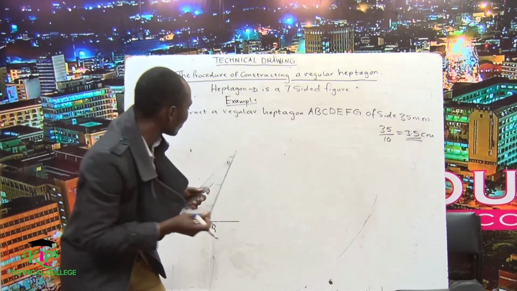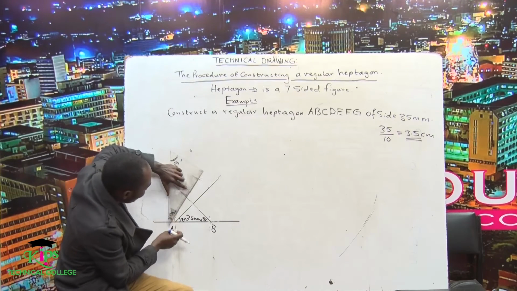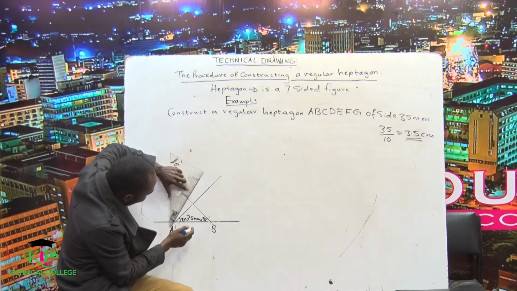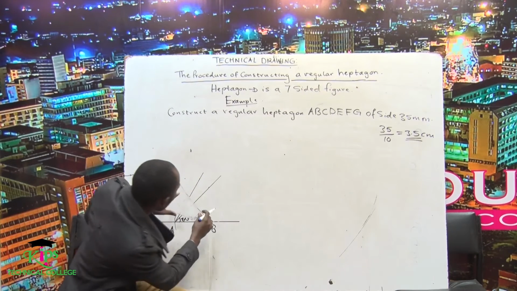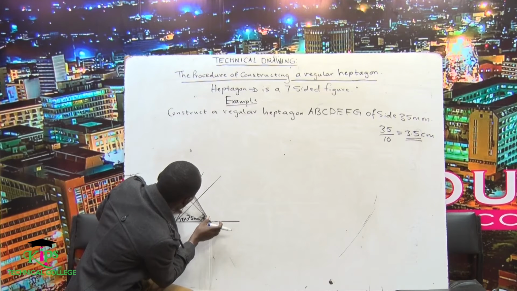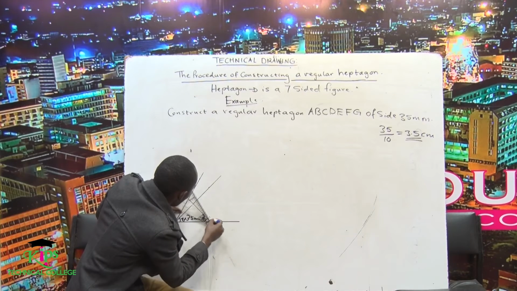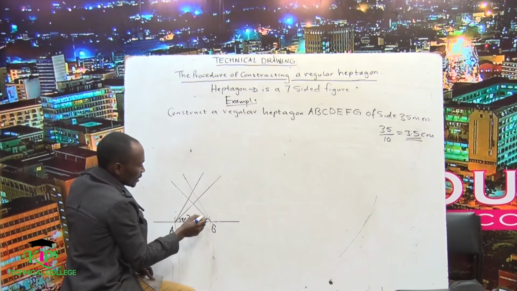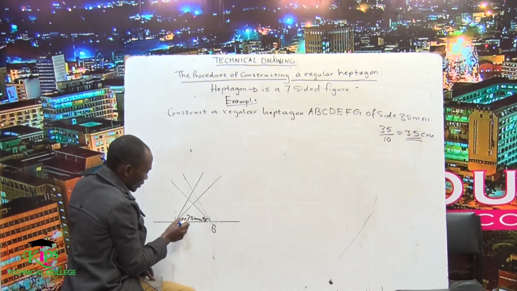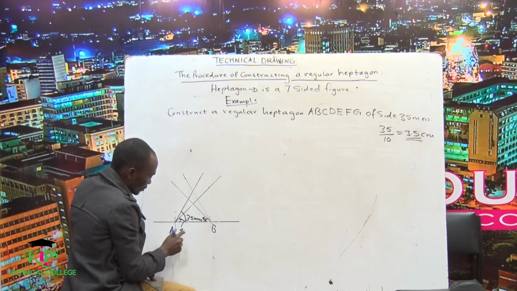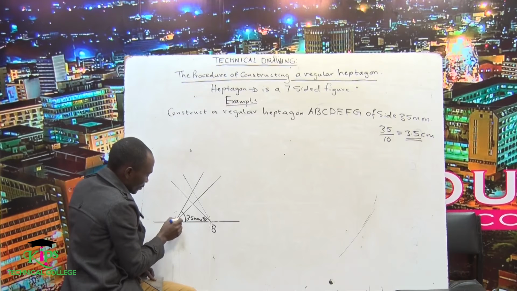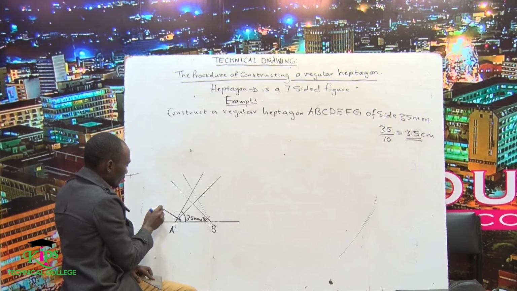Then you take up your ruler and join like this. So this is 60 degrees. This is 40 degrees.